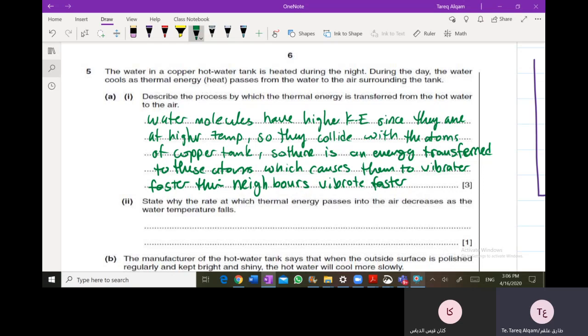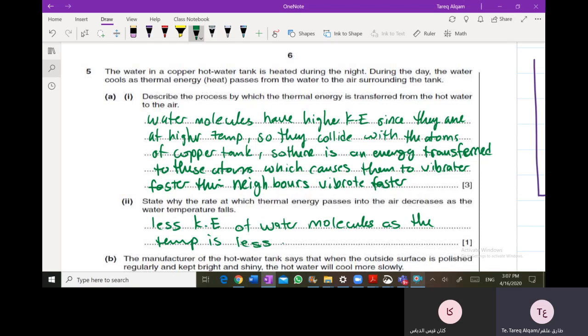So here we have less kinetic energy, as the temperature difference is less.